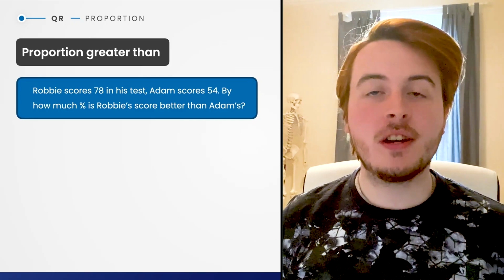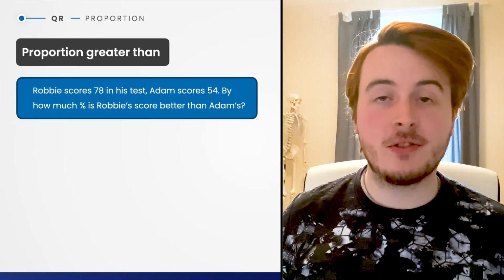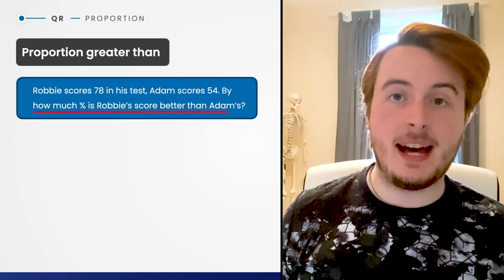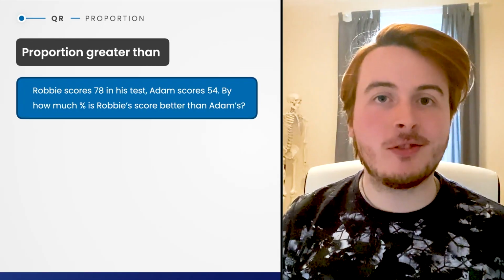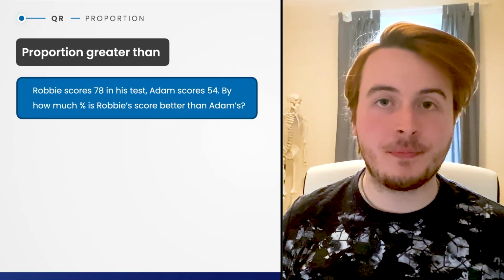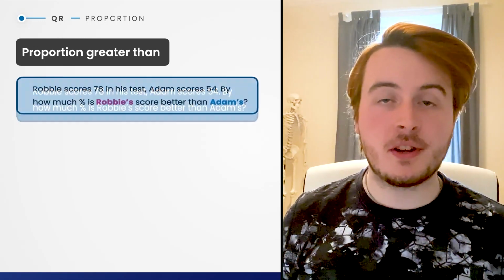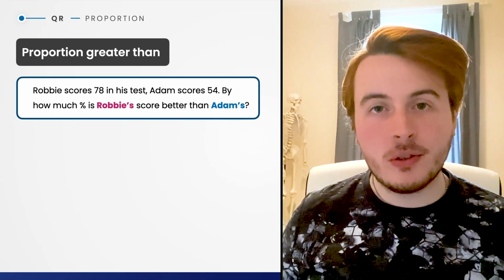When we're thinking about the proportion greater than, this is a sort of question we could get asked: by how much percent is Robbie better than Adam? You'll hopefully realise we're going to have to do some sort of fraction here. Let's identify what our 2 variables are: Robbie and Adam, with their 2 scores.